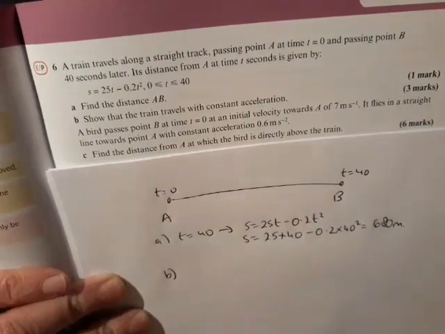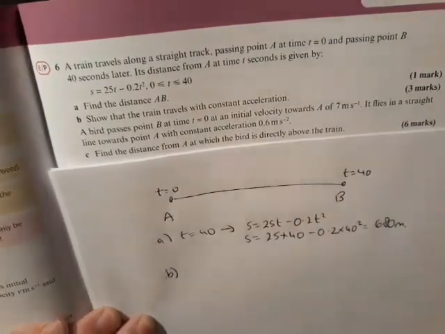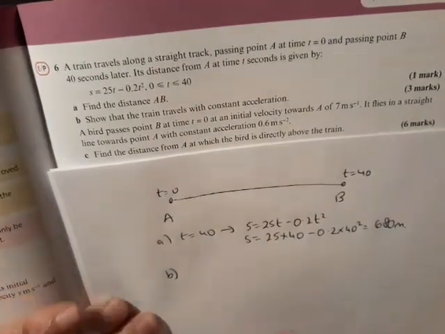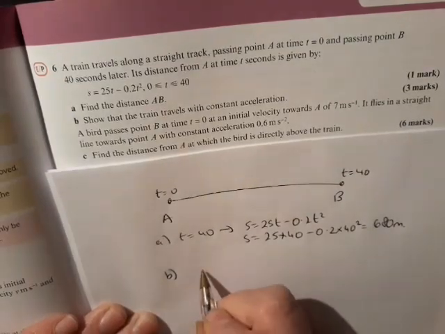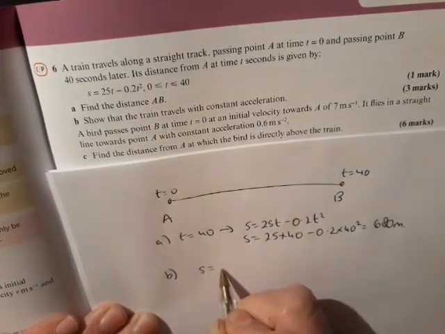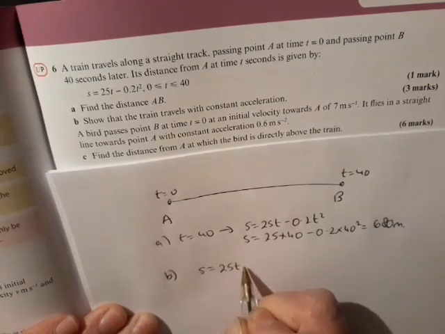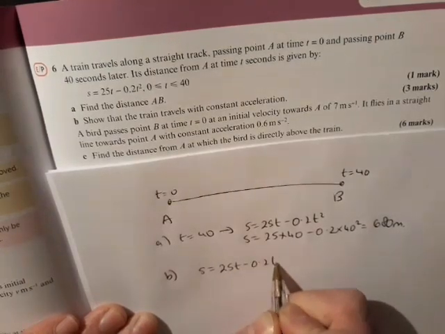Part B says show the train travels with constant acceleration. Well, to do that we're going to have to find the expression for acceleration, and s is equal to 25t, the displacement, minus 0.2t squared.